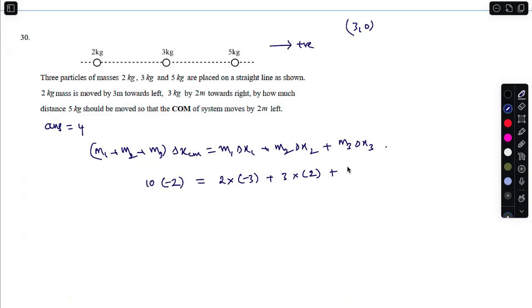Next is the 5 kg block, which I need to find. By the way, minus 6 plus 6 is 0, so 0 equals 5 delta x3 minus 20... so delta x3 is minus 4. Minus 4 means left by 4 meters.